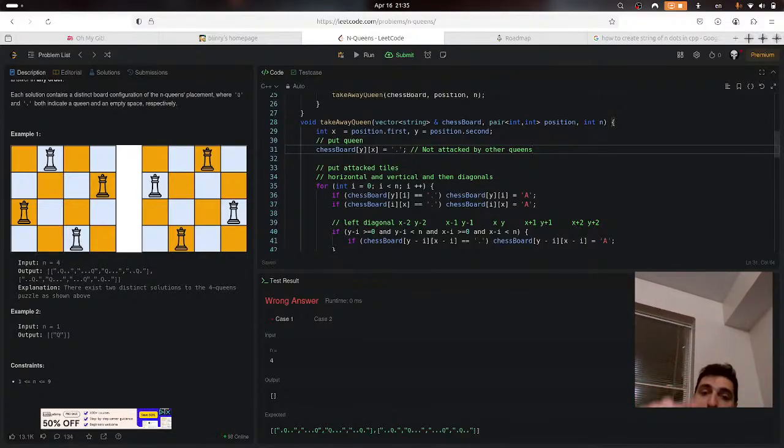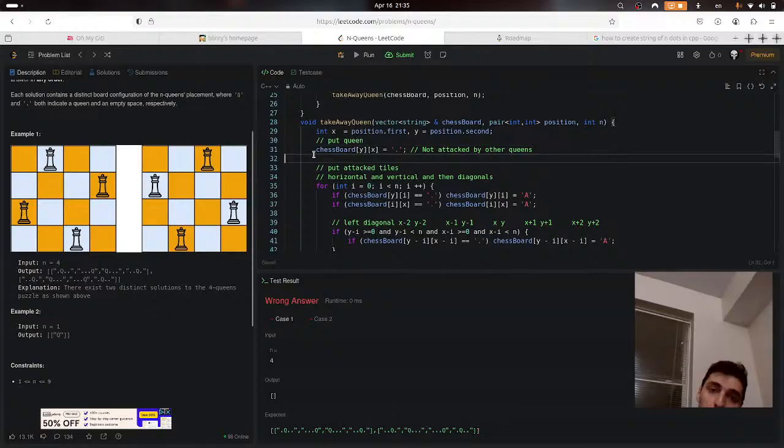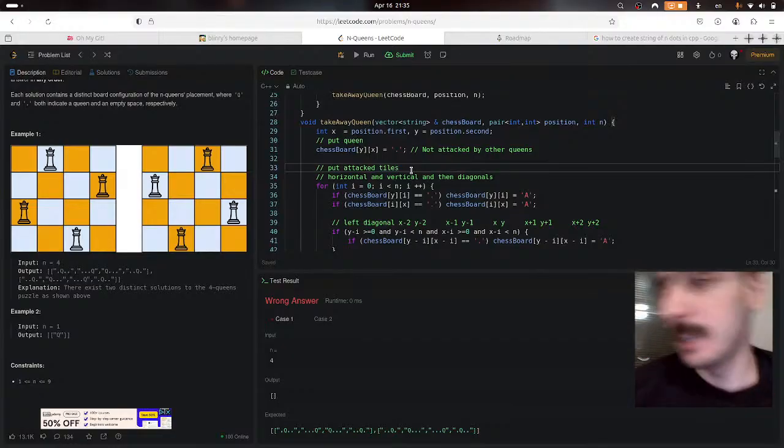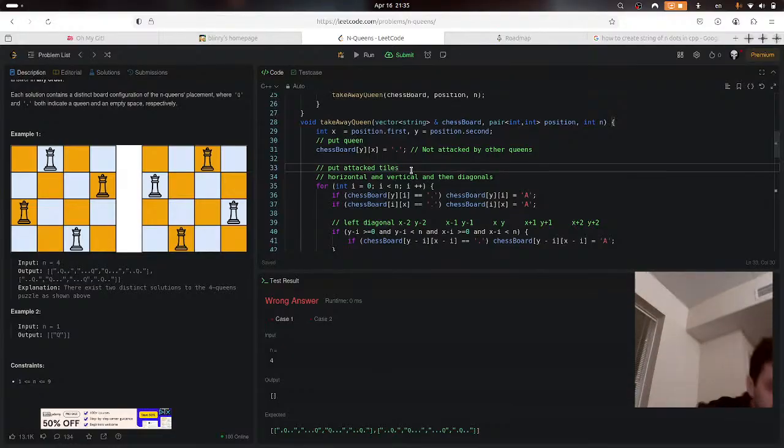All right, actually, here is queen, which means queen is not attacked. But other tiles, attacked tiles, can be attacked by other queens. This might be too much. I might be pushing my limits here. I might get stuck.